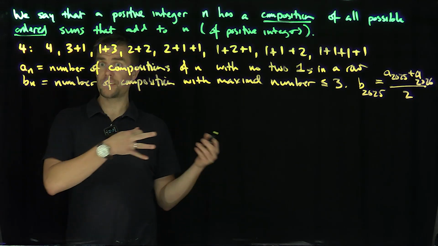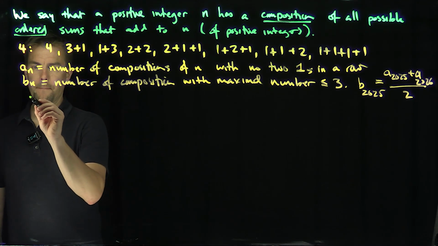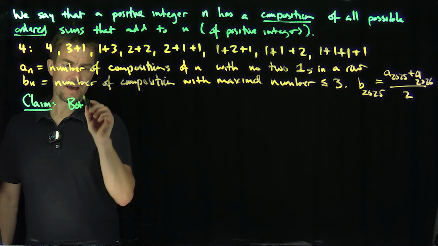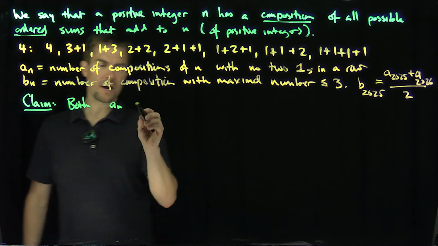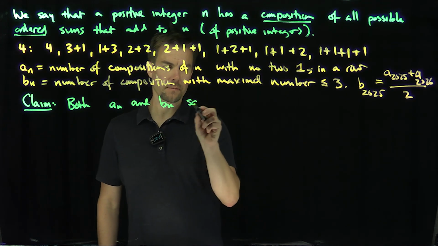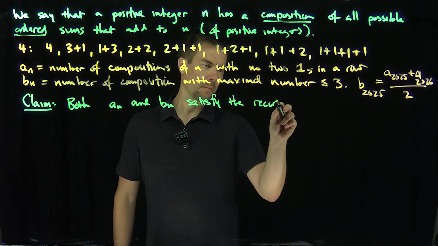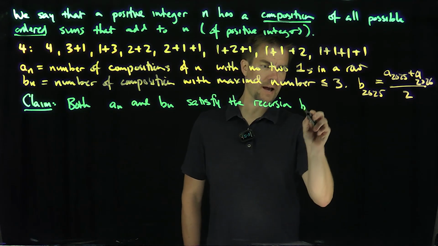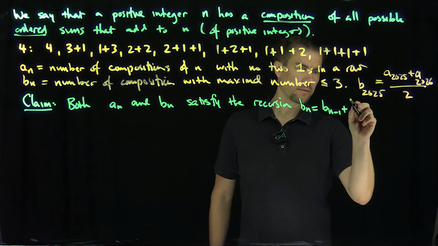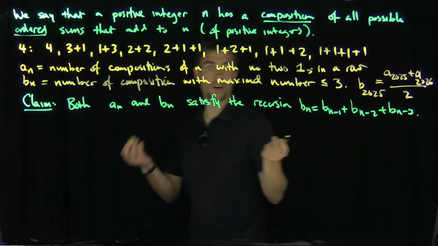So how do we go about proving this? We're going to prove they satisfy the same recursion, right? So we claim both a_n and b_n satisfy the following recursion: b_n is equal to b_(n-1) plus b_(n-2) plus b_(n-3), right? How do I see that?